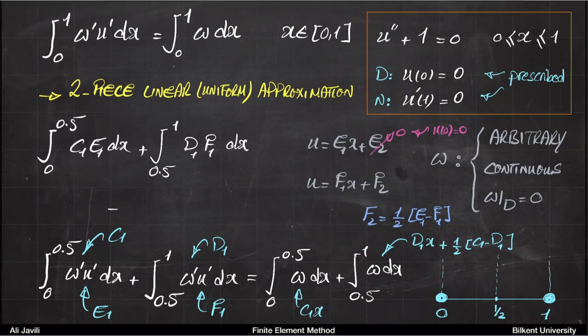And that thing would be equal integral from 0 to 0.5 c1x dx plus integral from 0.5 to 1 d1x plus 1/2 of c1 minus d1.